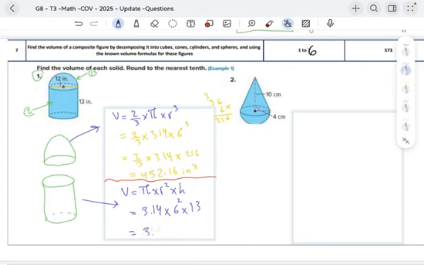So we're gonna have 3.14, 6 squared is 36, times 13. The answer for this will be 1469.52.